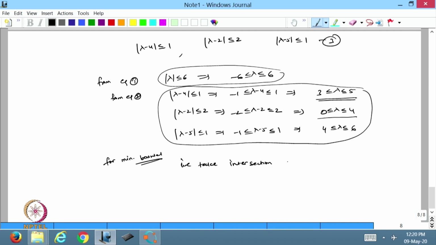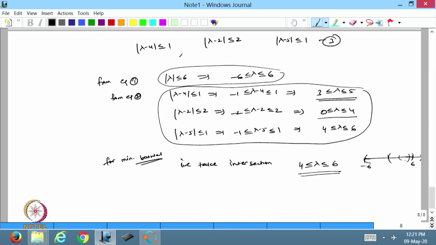If I take the intersection of all these, I get the intersection point at 4. Taking 4 from here I get 6, so I get this intersection from 0 to 4, 4 to 6, and 3 to 6.